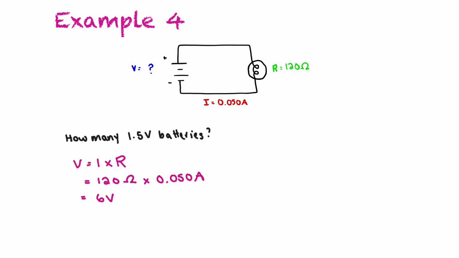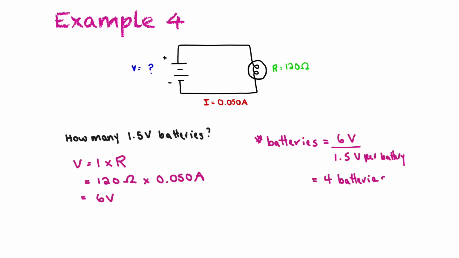So to find out how many batteries, we would divide the 6 volts by 1.5 volts per battery. That means that we need 4 batteries to power this circuit.